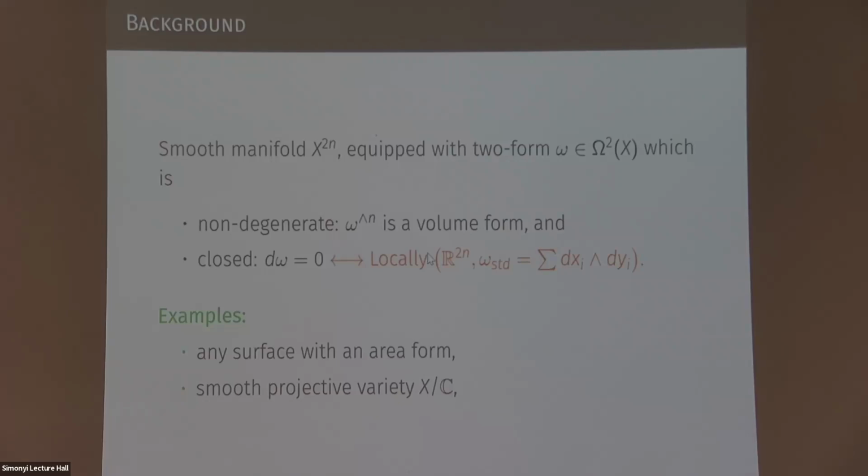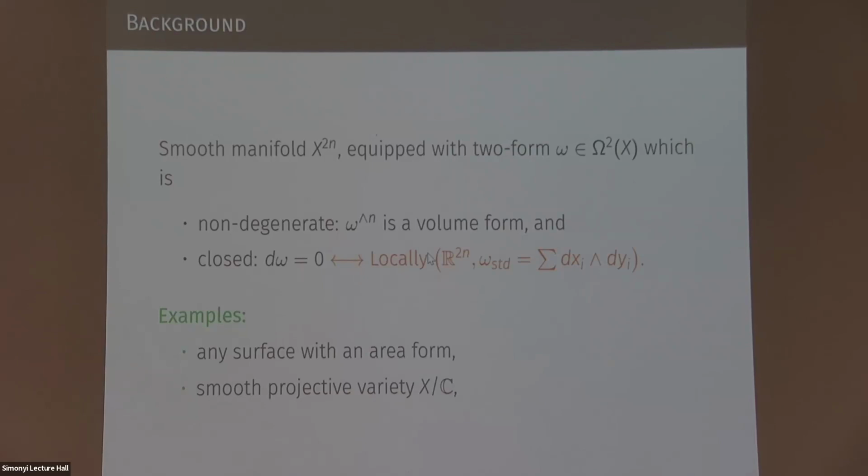It's not that hard to verify that a non-degenerate form will be closed if and only if everywhere you can choose local coordinates so that the form looks like the standard symplectic form. This is one way that you would want to think about it.